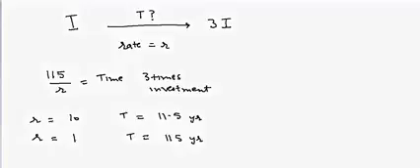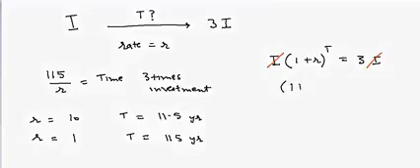So why does this happen? Let's try to solve this problem with the journal approach. The journal approach is to have your investment, and we multiply this investment with the interest rate, and each year it is compounded, so we have it raised to power t, and that should be equal to 3I, because we are looking for the investment to grow 3 times. In that case, your I will cancel out, and we're left with (1 plus r) raised to power t is equal to 3.